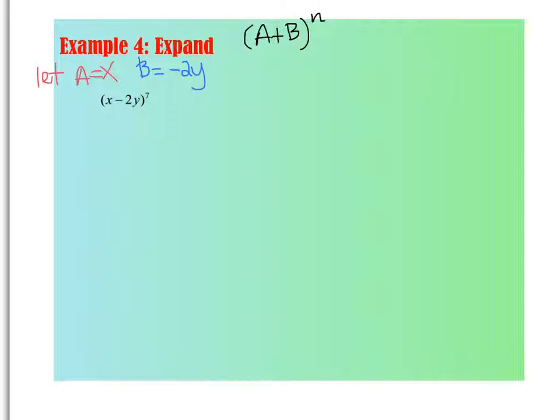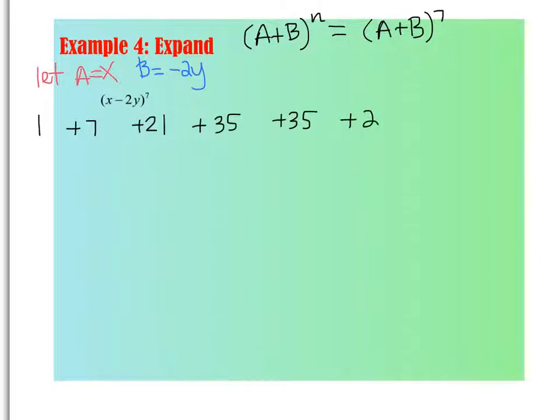So let's just pretend then that right now we're at A plus B to the 7th, and let's do that expansion. So we have the coefficients in the 7th row, which are positive 1, positive 7, positive 21, positive 35, positive 35, and then we go back down, positive 21, positive 7, positive 1.